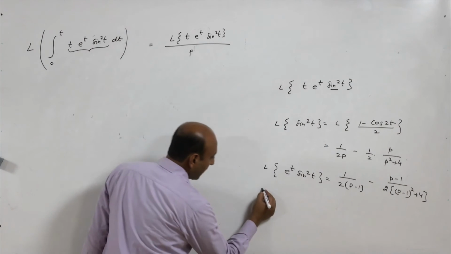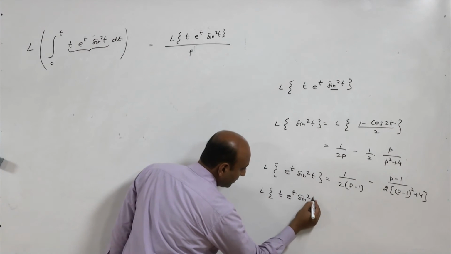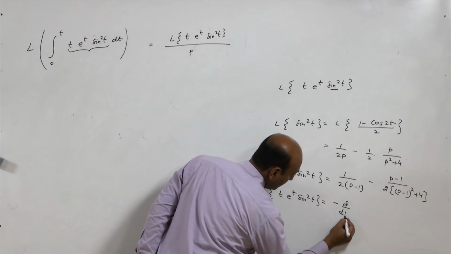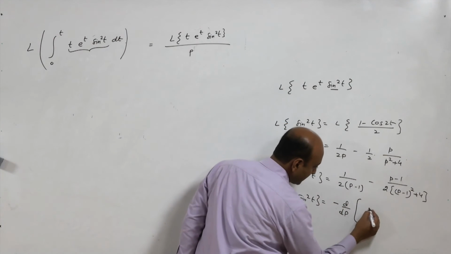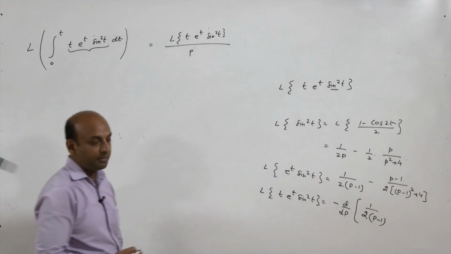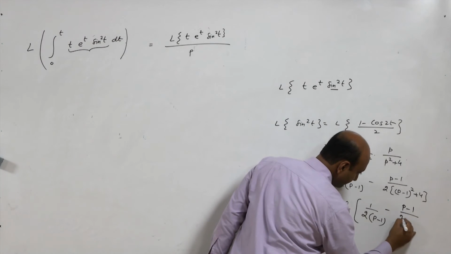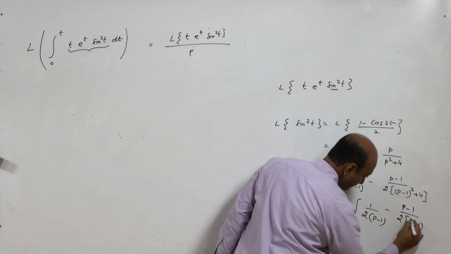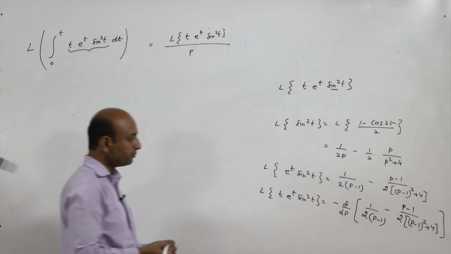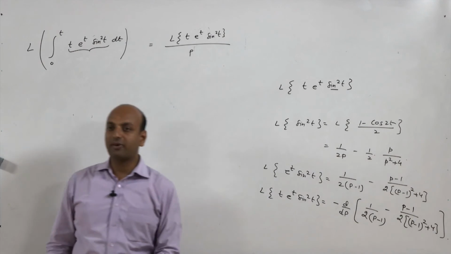And for Laplace transform of t e to the power t sin square t, you simply take minus of d by dp of this F, this F s. You take d by dp of this F s. So, you can differentiate it with respect to p and you can find out the final answer.